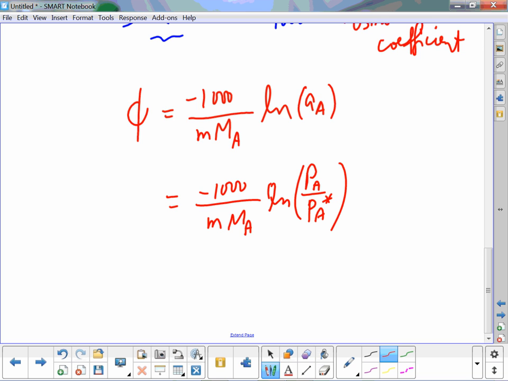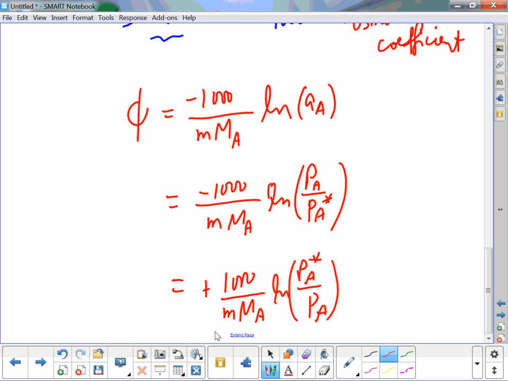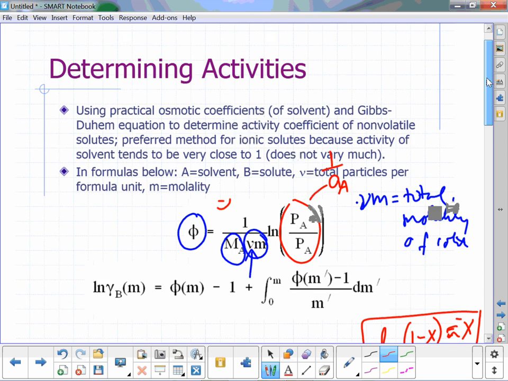Or if you flip that, it becomes PA star over PA, and the negative becomes a plus. And that's what we had in the formula earlier. So this is the formula we have up here.